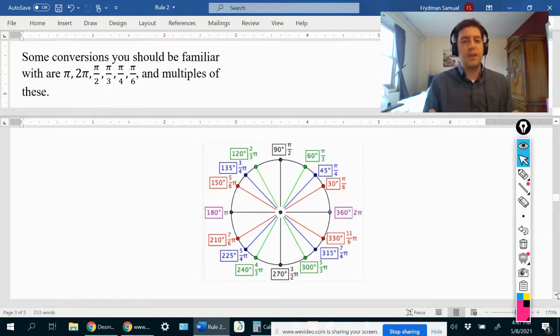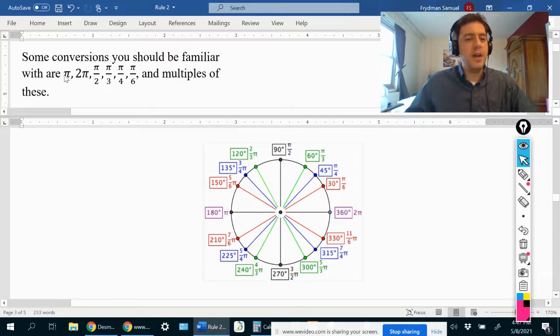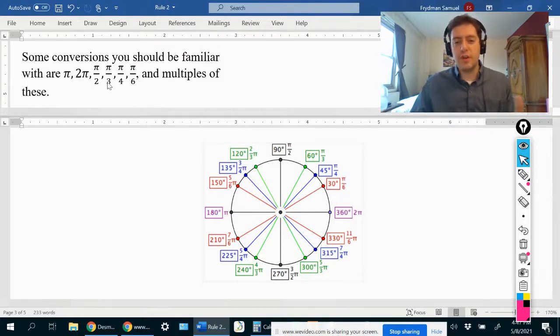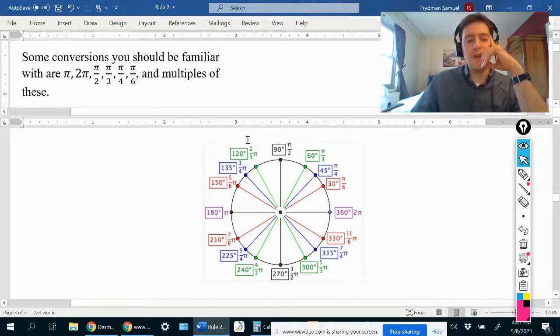You should just know what they are in degrees. You can convert back and forth. So pi, 2 pi, pi over 2, pi over 3, pi over 4, and pi over 6, and multiples of those numbers. So for example, not just pi over 3, but also 2 pi over 3, which would be a multiple of pi over 3. You should know those.